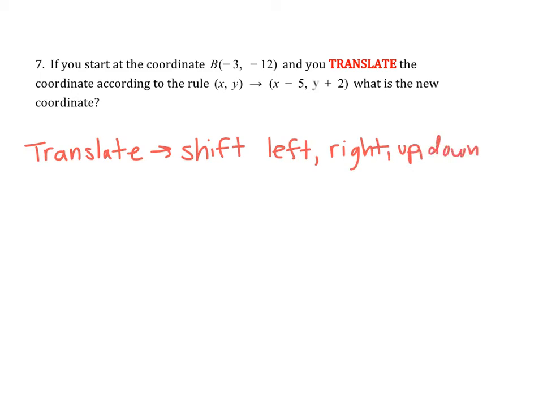You're taking your point and simply moving it side to side or up and down. You're not actually changing anything about the figure, like the shape or the orientation of the figure.